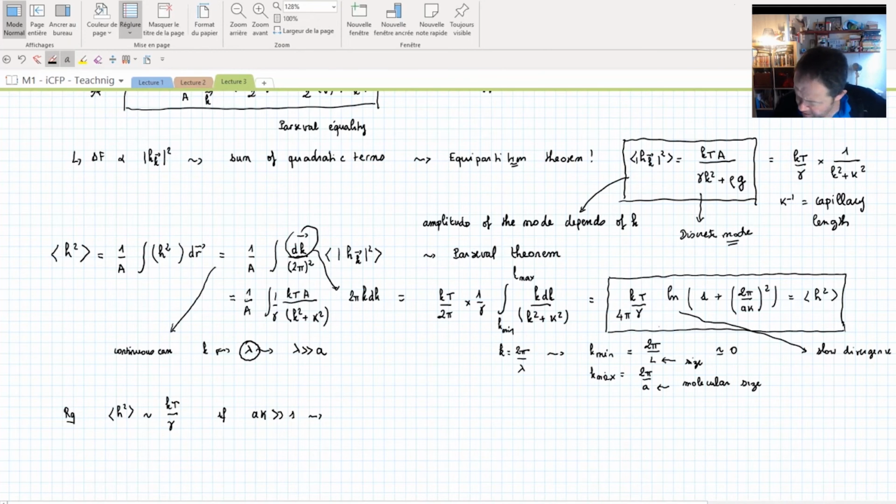H square is equal to kT over gamma, if 2 pi over this is negligible. Yeah. Which is a over kappa minus 1. I make an error. Okay.